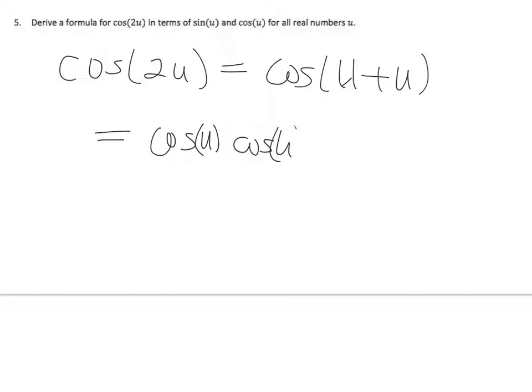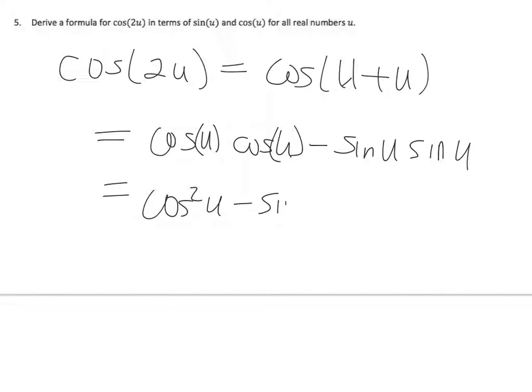Cosine u, cosine u, minus sine u, sine u. So now we have cosine squared u minus sine squared u. So we have, oops, sorry, cosine 2u equals cosine squared u minus sine squared u.